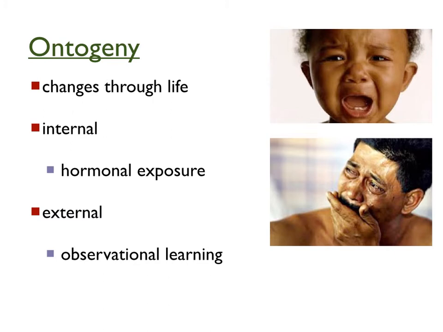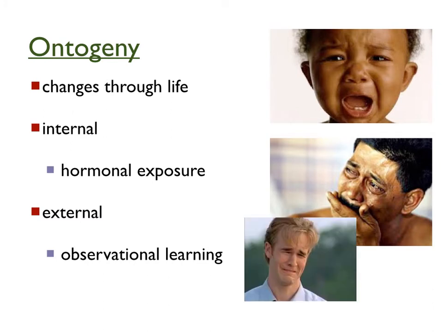So as humans age, we learn things, we gain culture, we gain behaviors that we've observed in other people, and that will affect how we perform certain behaviors. So there are very cultural ways to cry in different societies that we actually acquire over the course of our life cycle. And because we are such cultural beings, this is actually a main cause of explanation for behavior in humans.